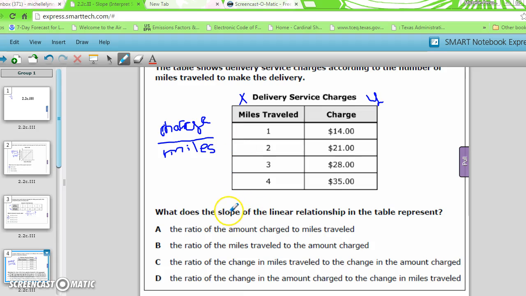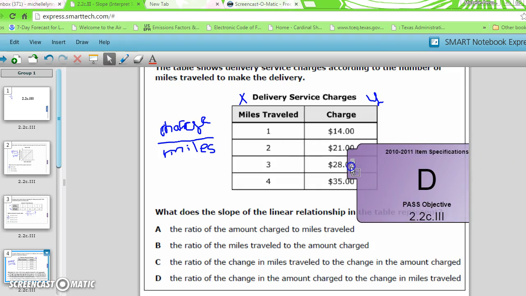So now let's look at our options. The ratio of the amount charged to miles traveled, the ratio of the miles traveled to the amount charged, the ratio of the change in miles traveled to the change in the amount charged, the ratio of the change in the amount charged to the change in the miles traveled. I'm going to double check so I don't tell you the wrong answer. Okay.